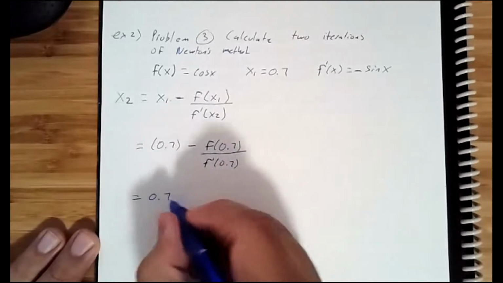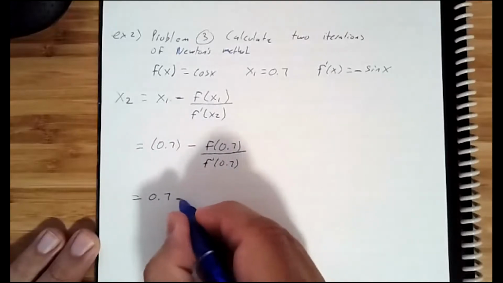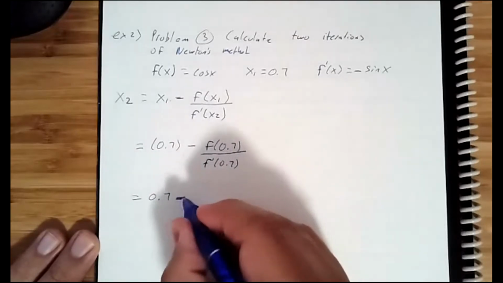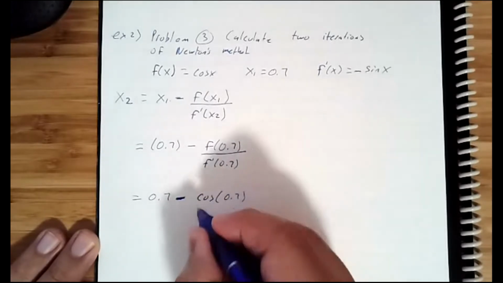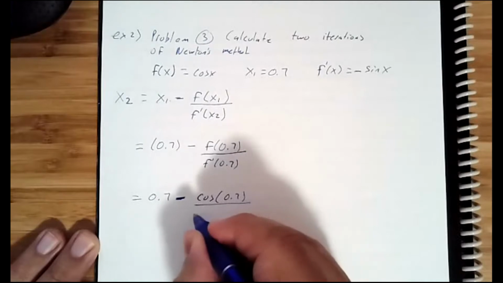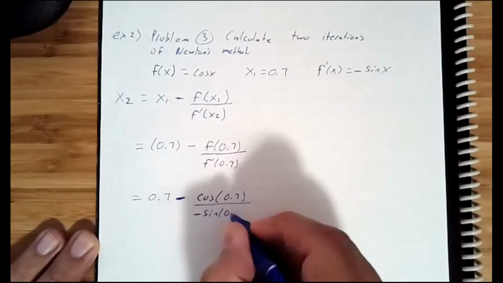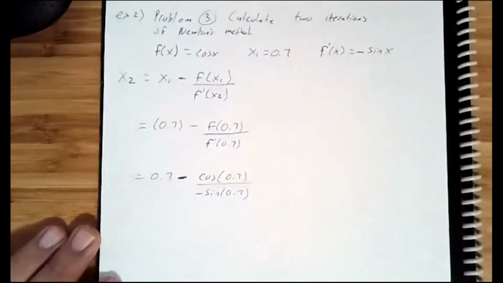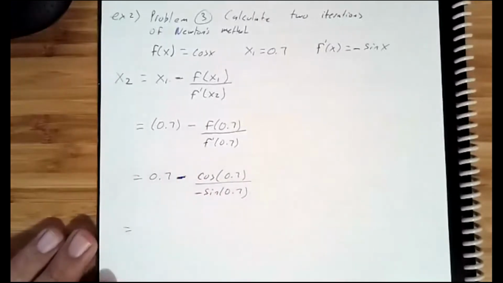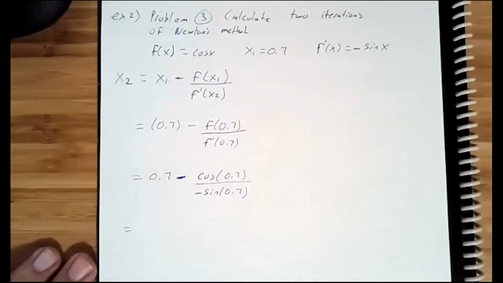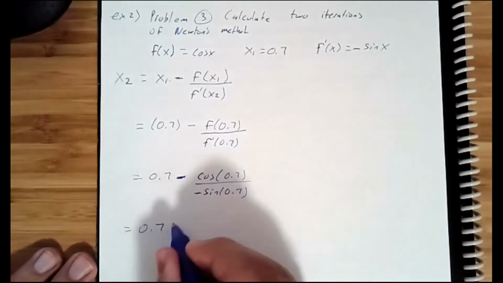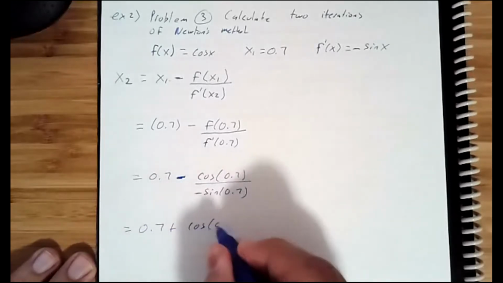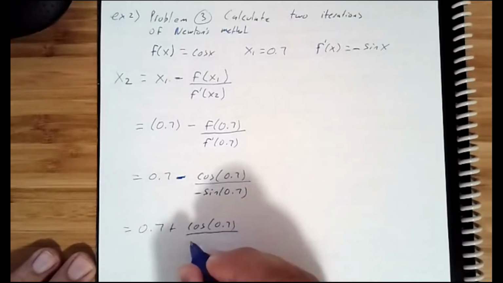So 0.7 minus cosine of 0.7 over negative sine of 0.7. These double negatives will cancel. So 0.7 plus cosine of 0.7 over sine of 0.7.